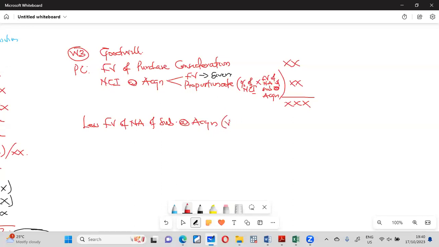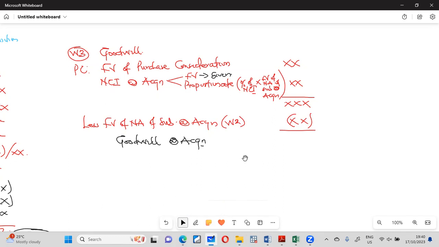You are going to pick everything, and don't forget it is coming from your workings too. You pick the total and deduct over here. When you deduct, you will get what we call goodwill at acquisition. So that is how you find the goodwill at acquisition date.